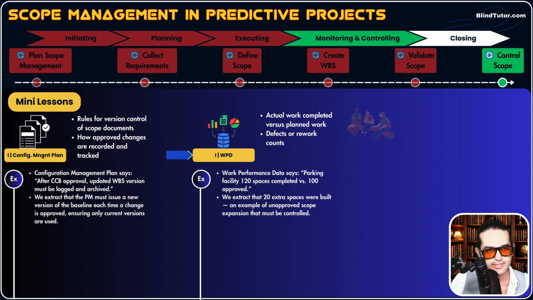Now, as we said, always remember the term tailor to context, okay? There are lots of other inputs that are used or could be used in the control scope process. This is a general list from PMBOK 6th edition, okay? Depending on your project's size and complexity, you could have fewer or more inputs.